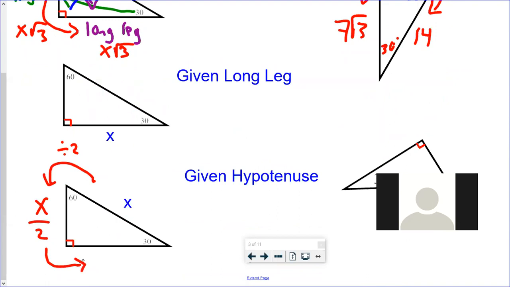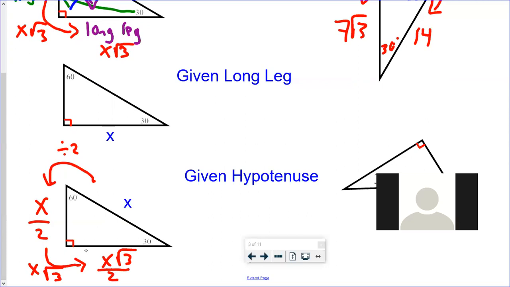It's just what we did before. You just times the short leg by the square root of 3. So now the short leg is going to be x divided by 2, but then we times it by the square root of 3. I don't have an example on this page for that, but I will show you that. Oh, actually I do. It's right here.